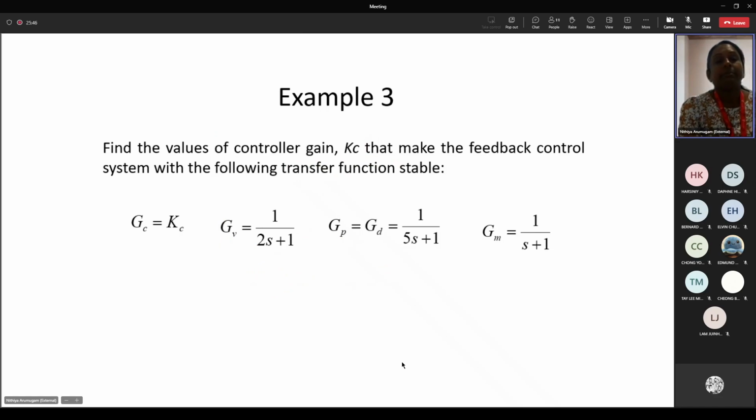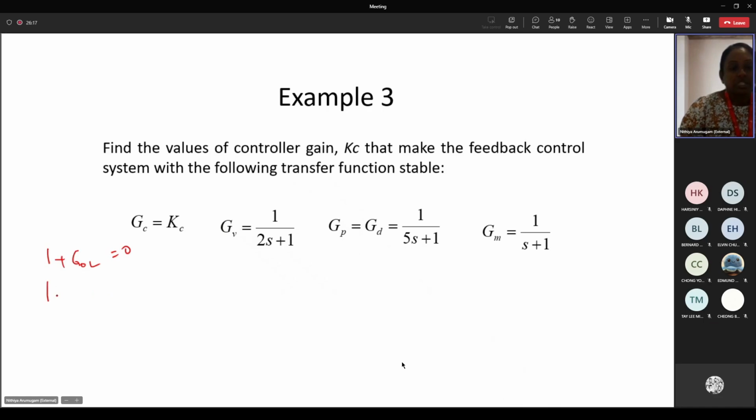Next example: find the values of controller gain Kc that make the feedback control system with the following transfer functions stable. If you notice here, they have given us Gc, Gv, Gp, Gd, and Gm. For the stability criterion, we know that 1 plus G_OL equals 0. The G_OL here is Gc, Gv, Gp, and Gm.